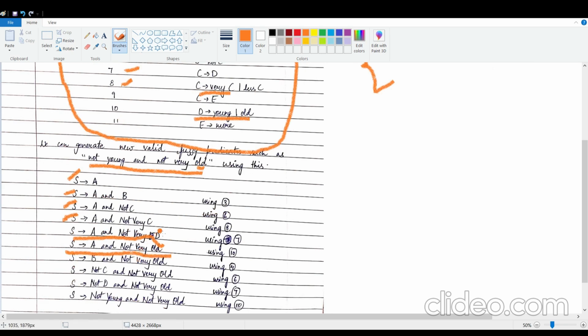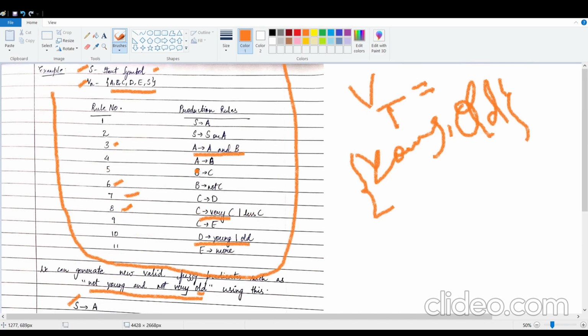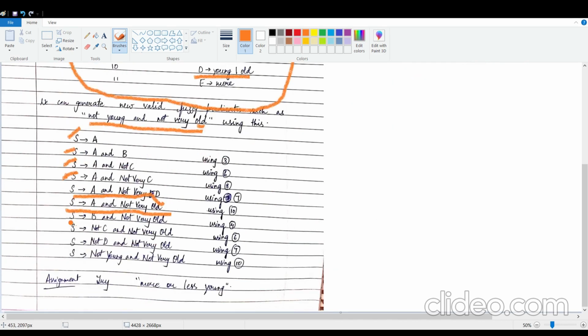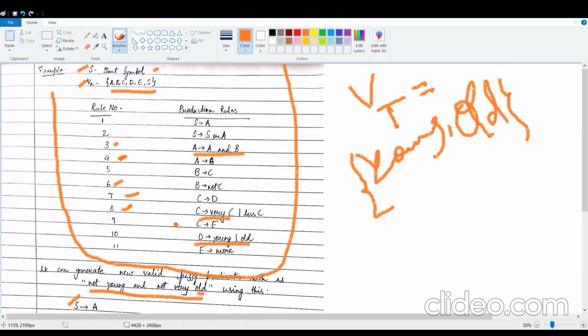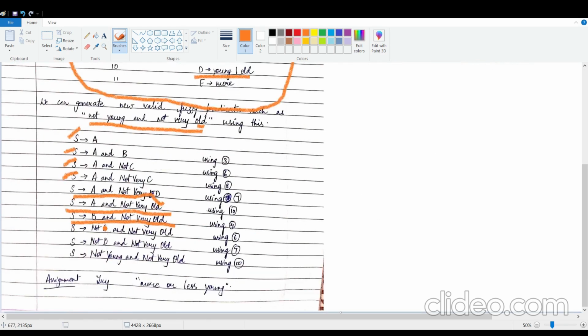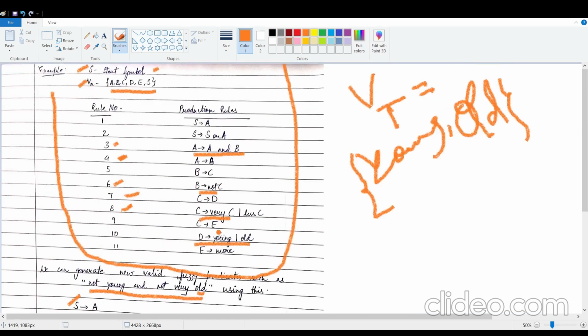And then I'll be replacing my A with B by using rule number 4. So now this becomes S implies B and not very old. And from B I can also infer not C. So I'll replace my B with not C. This now becomes S implies not C and not very old. And since my D is associated with young or old, I need to replace my C with D. So I'll use my rule number 7.